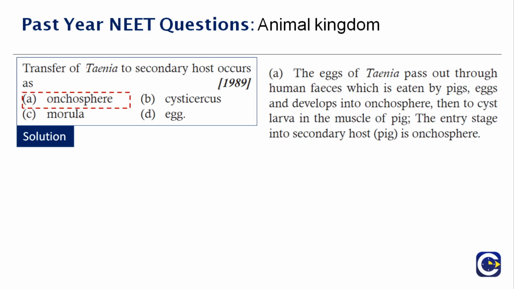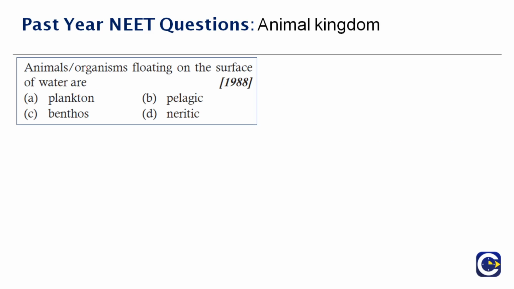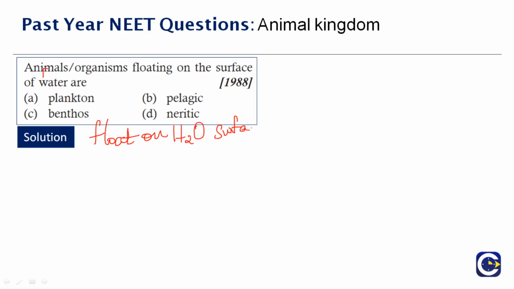Okay, next question here. Animals or organisms floating on the surface of water. Again, this is a very easy question for you to answer. Yes, it is called plankton. So what are they actually called? Organisms which passively float on the water surface are called planktons.